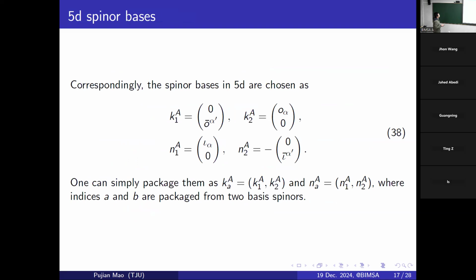For each component of this capital A, you will have a 2 times 2. Here you take either a 0 or omega 2. Now we just package them. For the index small a, it's either K1 or K2, so we package K1 and K2 as our similar basis in 5D, and the same for the N.